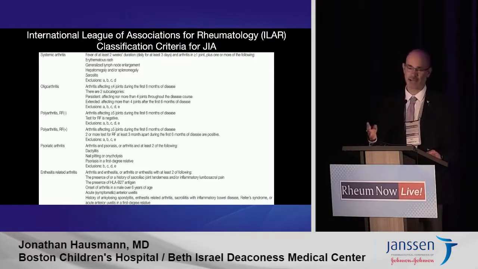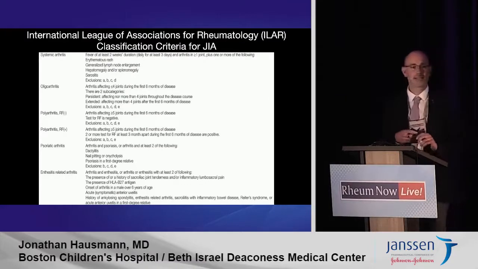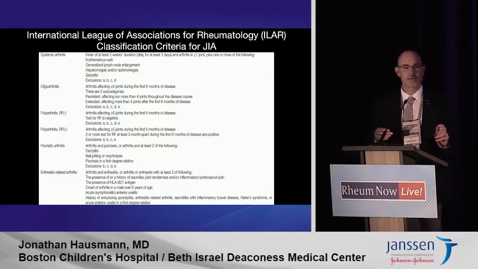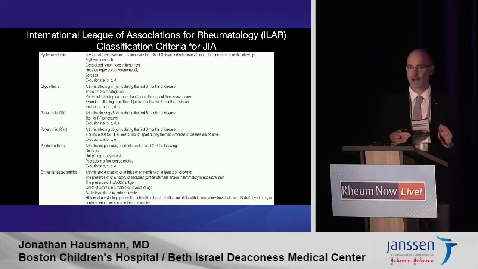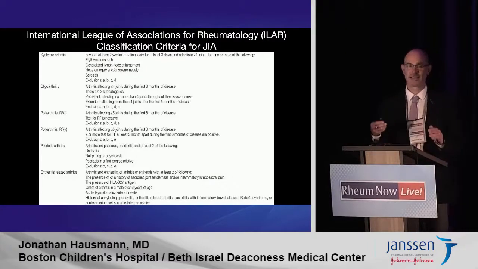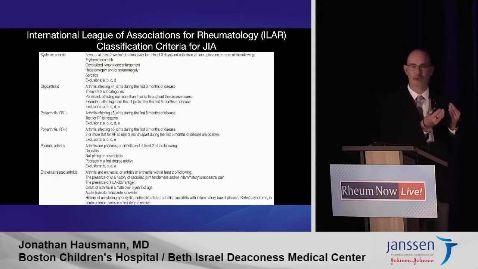It's really complex. And it's really silly when you think about it, because, for instance, what is the difference between oligoarthritis and polyarthritis? It's just the number of joints initially involved. So they're actually categorizing a disease mostly based on severity, as opposed to anything specific about the disease.